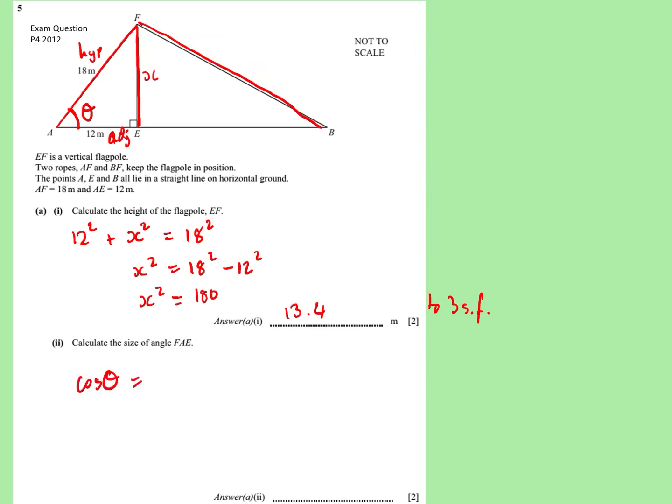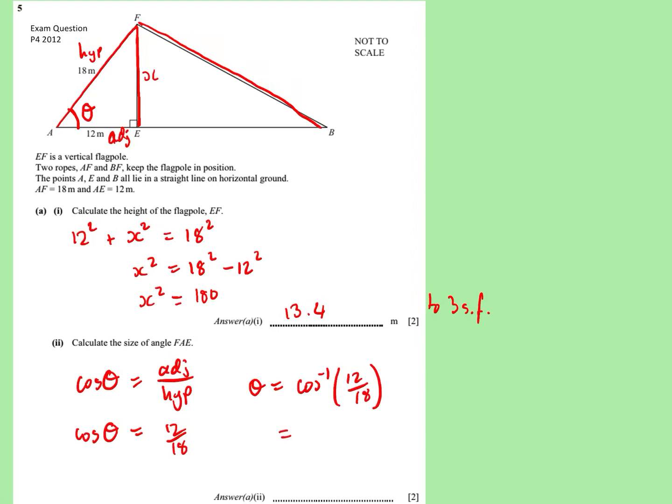Cosine of my angle is equal to the adjacent over the hypotenuse. SOHCAHTOA tells me that. Cosine of my angle is equal to 12 over 18. So in your calculator, you're going to say shift cosine of 12 over 18.